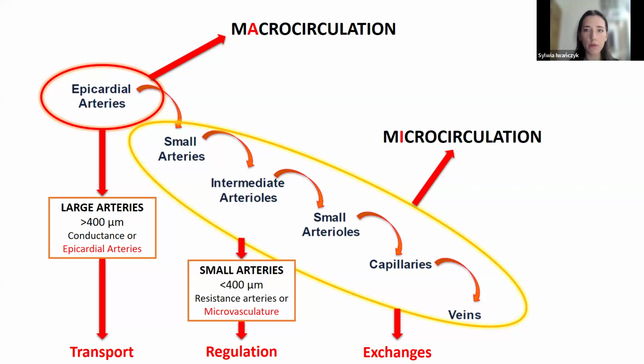So we have to remember that we have a microcirculation, and each part of these vessels is responsible for a different task. And epicardial arteries are the large arteries, more than 200 microns, responsible for transport of the blood.